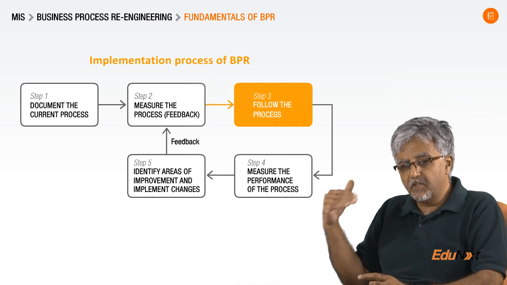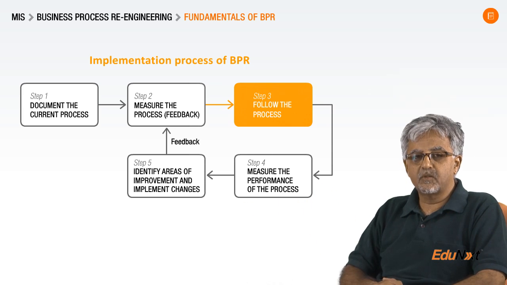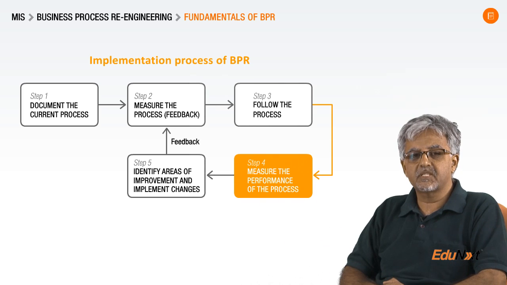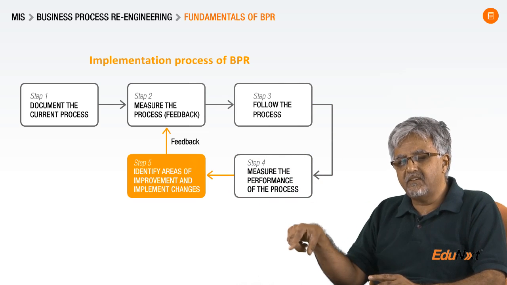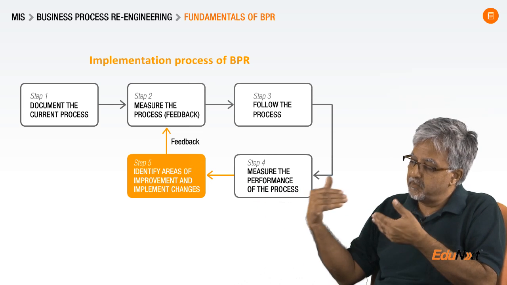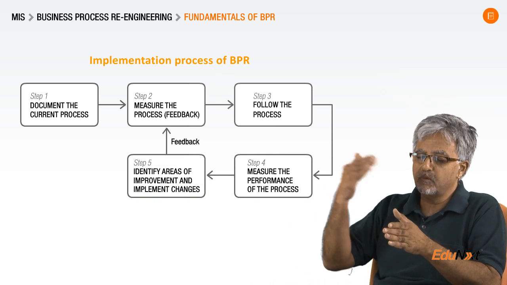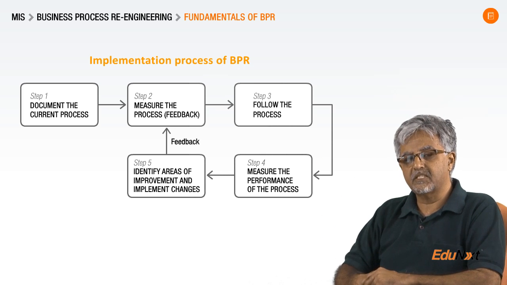Number 3, you follow the process and make modifications if required. Then you measure the performance of the process. Then you identify the areas that need improvement and implement changes. You measure the performance of the new process. So, gradually you keep transforming and changing the process.